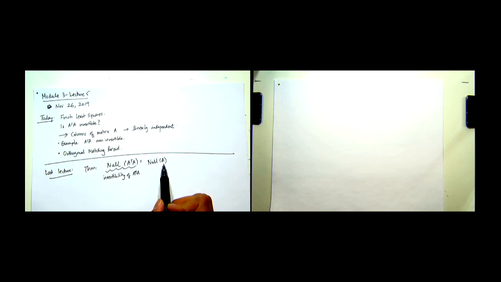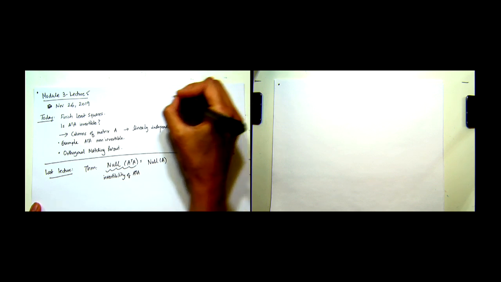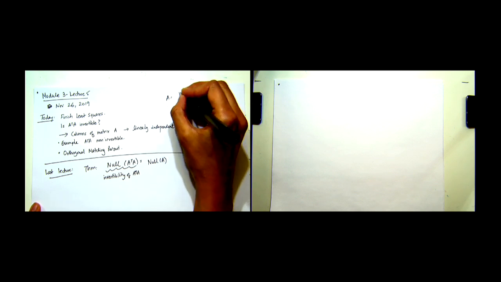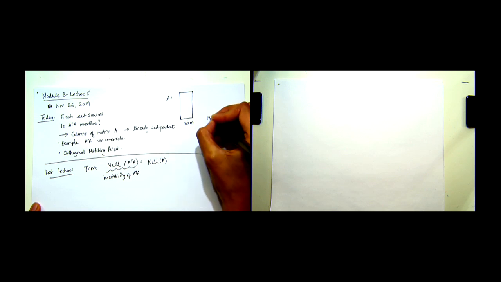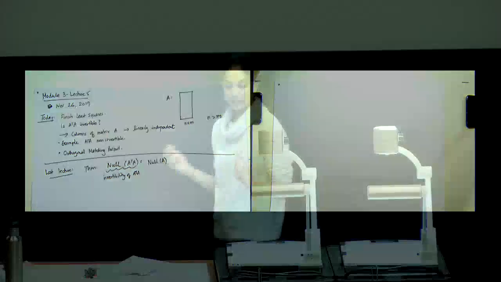So now we want to compare this null space of A transpose A to the null space of A. Can we just think about whether or not A is invertible? What are the dimensions of A, right? Remember, A is an n by m matrix, but n is much, much bigger than m. So it's not a square matrix, right? And we only defined inverses for square matrices.